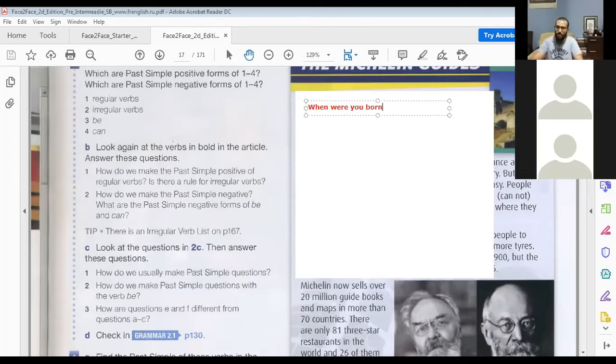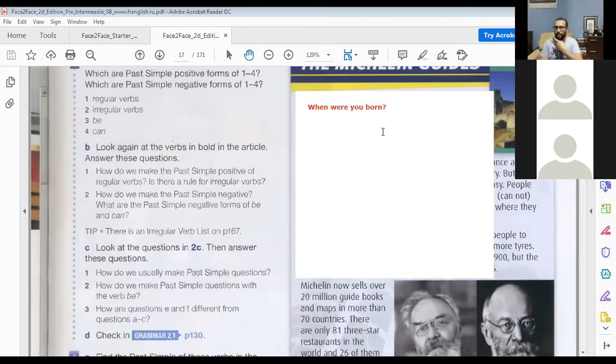But why is it correct? Why? Was is singular. Was doesn't go with you. Exactly. When do we use was? With who? With I, he, she, and it. Excellent. All right.